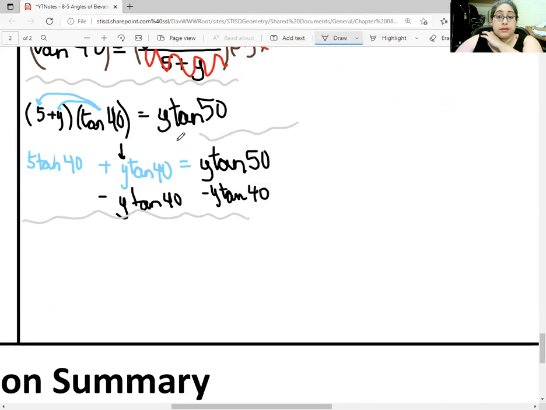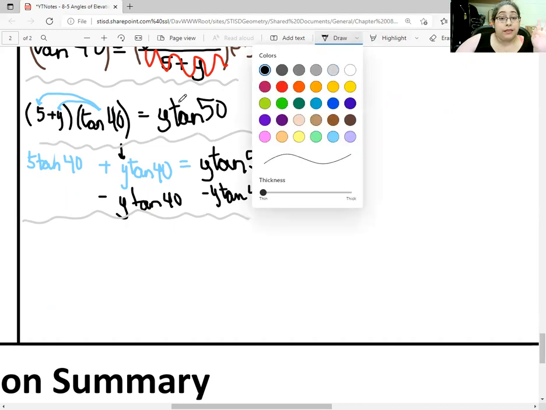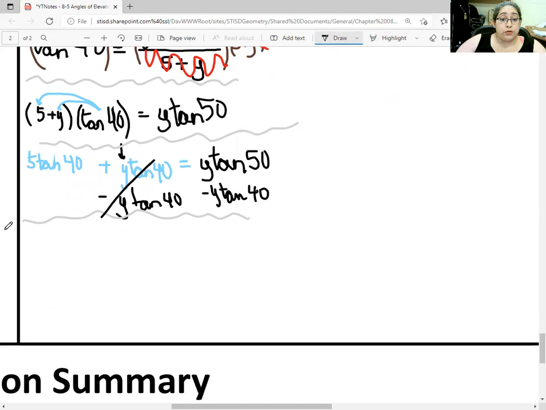I'm just going to put my little squiggly lines between my steps so I know what I'm doing. The left-hand side now, with those two canceling, is just 5 times the tangent of 40. That's just a number by itself, so we're pretty happy with that.